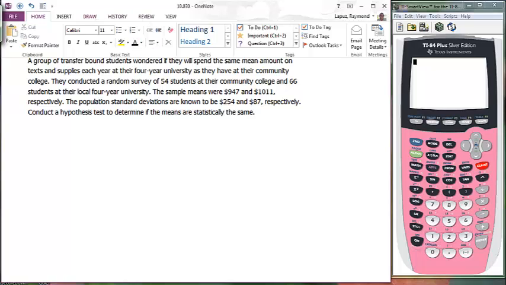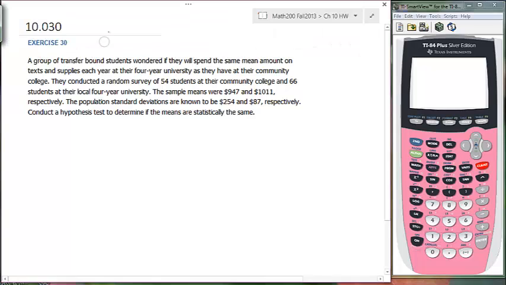Okay, so let's do this. I guess it's good to identify the two different populations or samples that you're going to be dealing with. We have a four-year university and a community college. The first set of data comes from community college, so let's mark that as CC for community college and four-year universities.